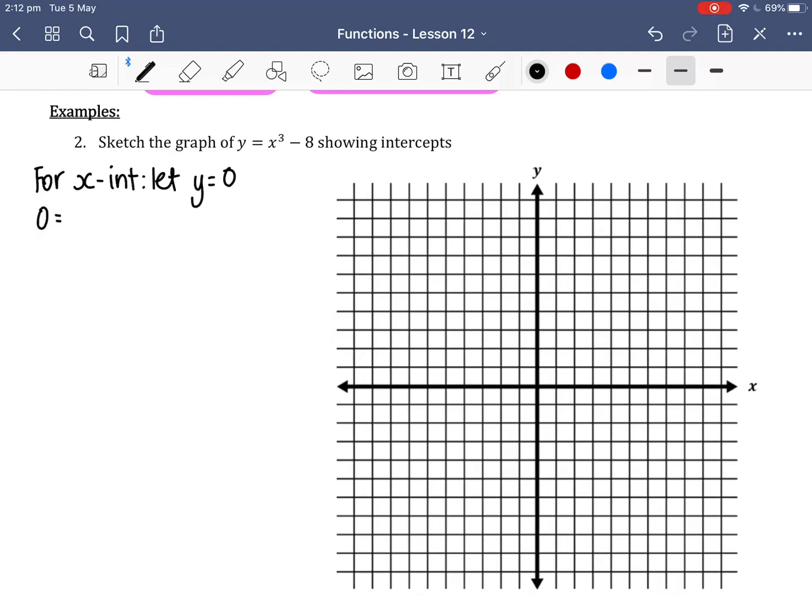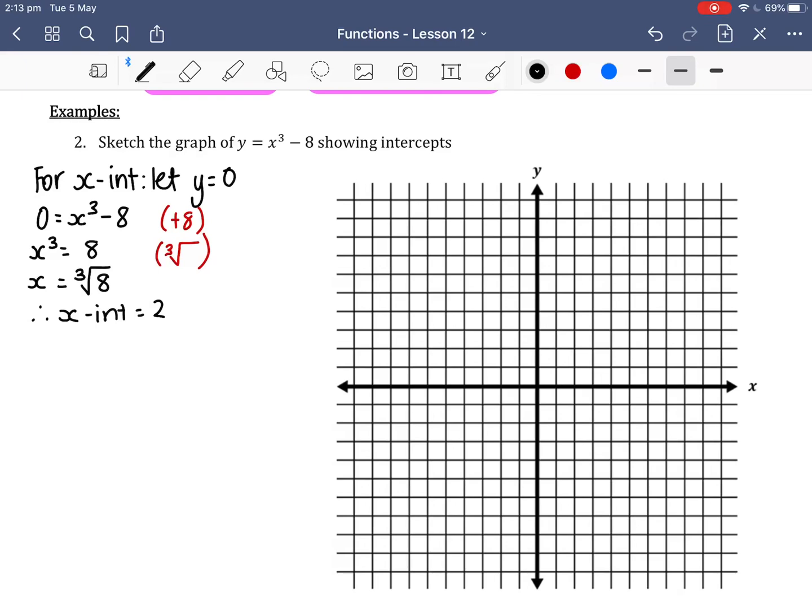So that means we'll have 0 equals x cubed minus 8. Okay, and so we're going to plus our 8 to both sides of the equation to get x cubed equals 8. And then we're going to cube root both sides of our equation to get x equals the cube root of 8, which therefore equals our x-intercept of 2.